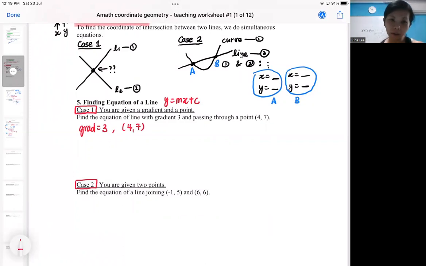So you will always need a gradient and a point. So in this case, you'll be getting something like 3x plus c, and then you put in the point. Putting in the point will help you to find the y-intercept.